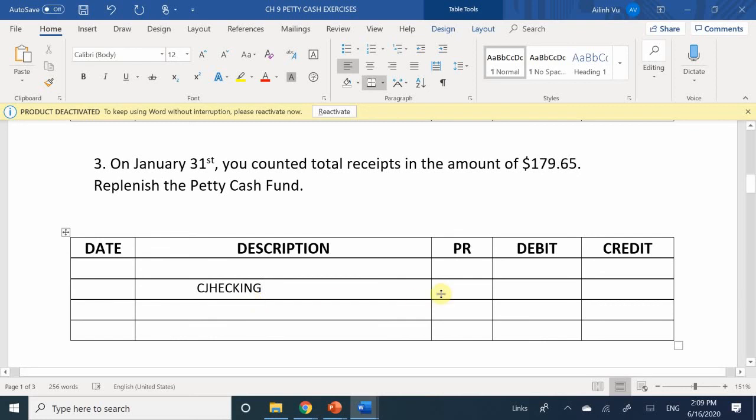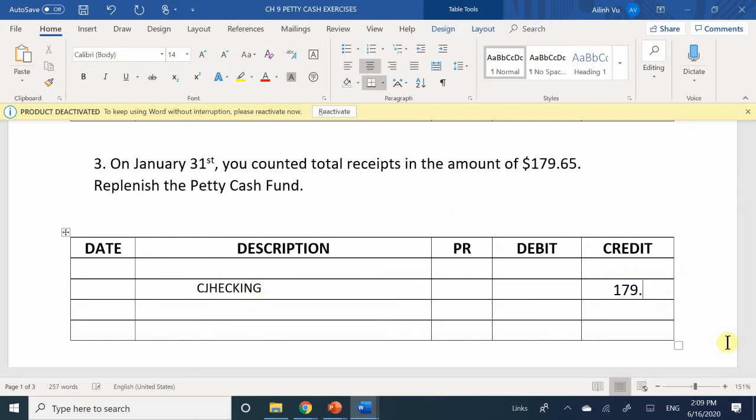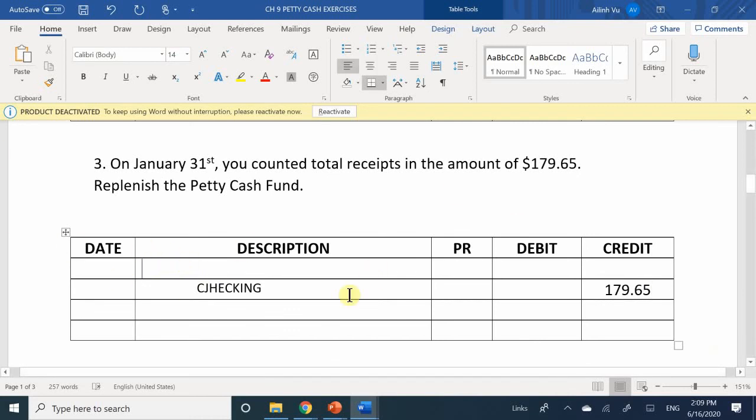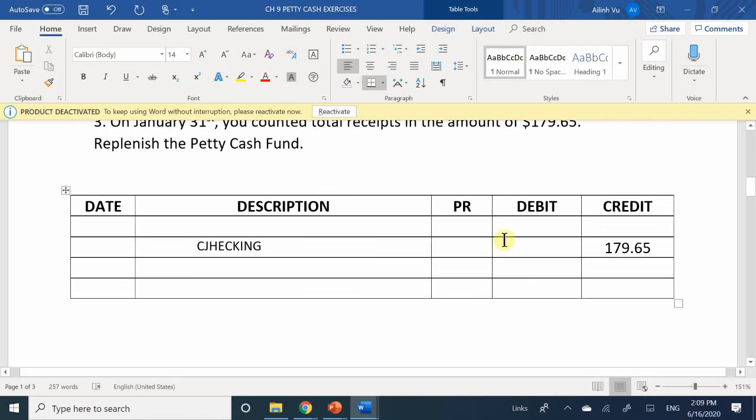And then what am I recognizing as this? We're going to debit the petty cash for 179.65. No, you cannot tap into your petty cash fund.